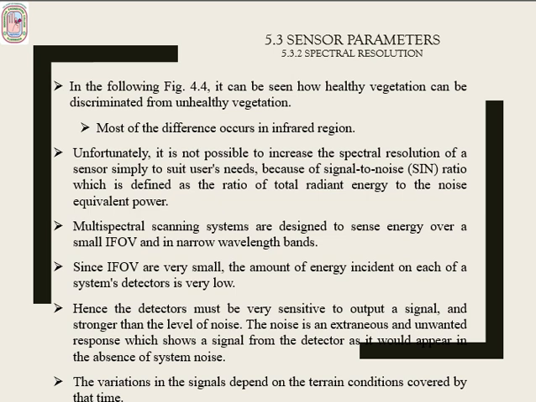If IFOV is not very small, the clarity of the image will go very bad. For example, that is why 1 meter resolution looks very good when compared to 30 meter resolution. Hence, the detectors must be very sensitive to output a signal stronger than the level of noise. The noise is an extraneous and unwanted response, which shows a signal from the detector as it would appear in the absence of system noise.